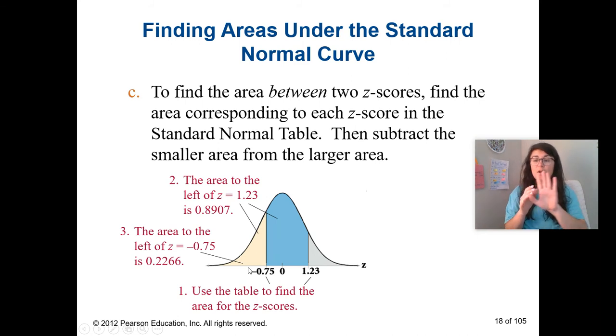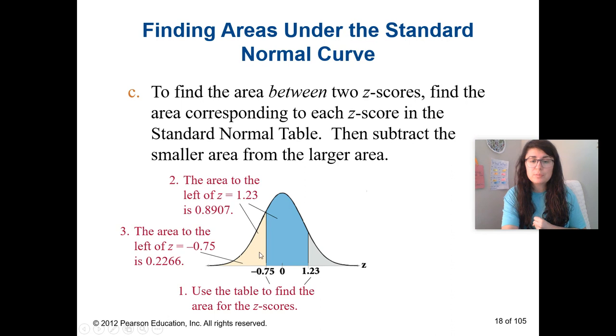So if you imagine having all of the area below and taking away that baby chunk, take out the creamy stuff, right? If it was all covered in blue, that would be what the first number gives me, the area left of the larger z-score. If I subtract out this portion, if I delete that portion out, does it make sense how you would be left over with this blue?